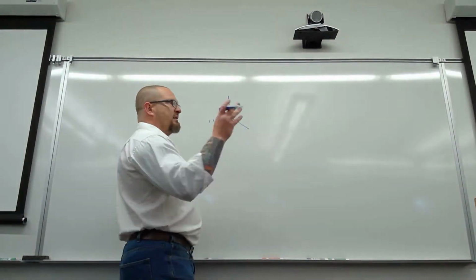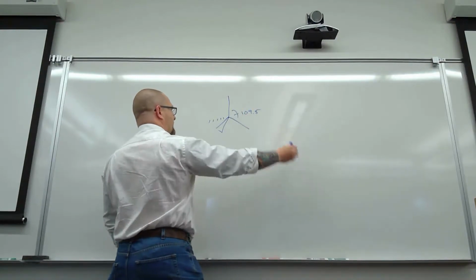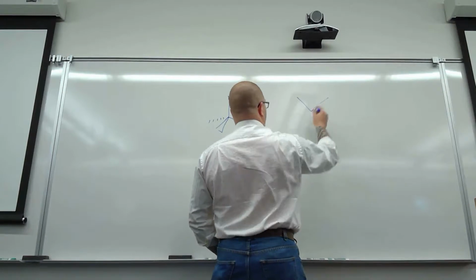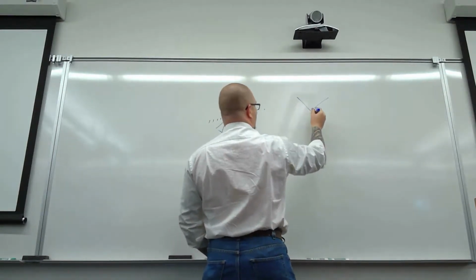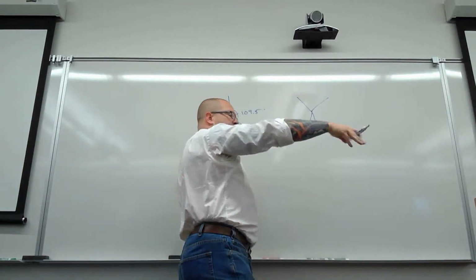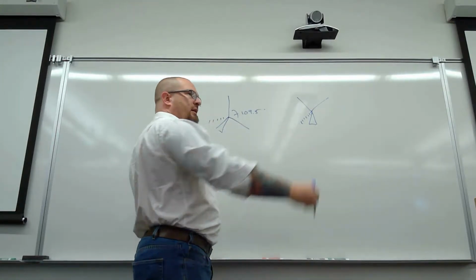So I can take any tetrahedral arrangement, because these are all 109.5 degrees. I could draw this with both of these turned up, and then I could have one coming directly out this way, and then directly back into the board.